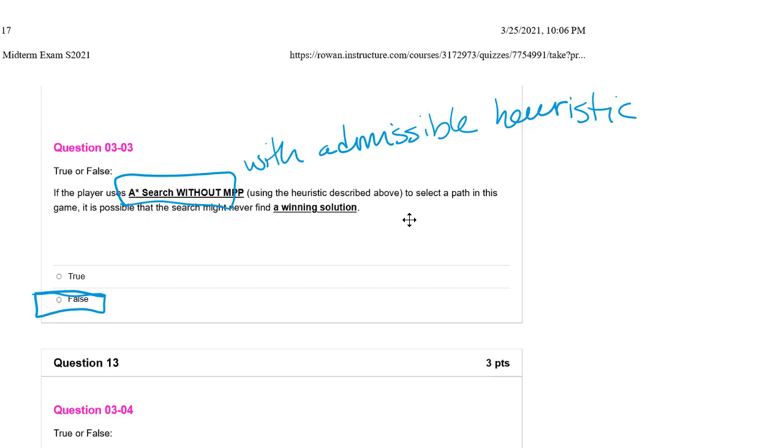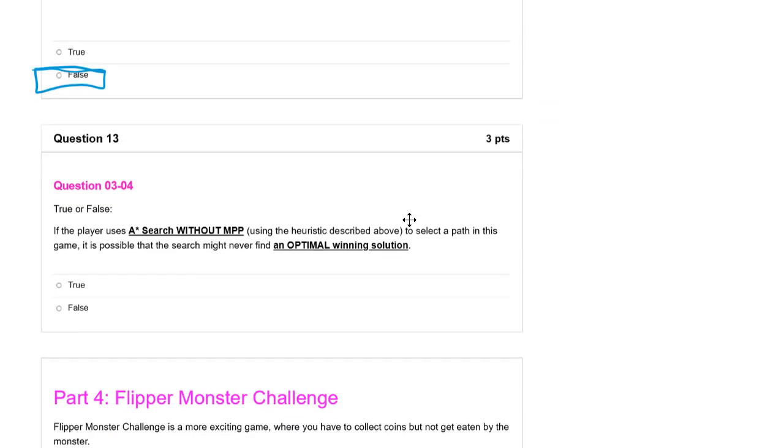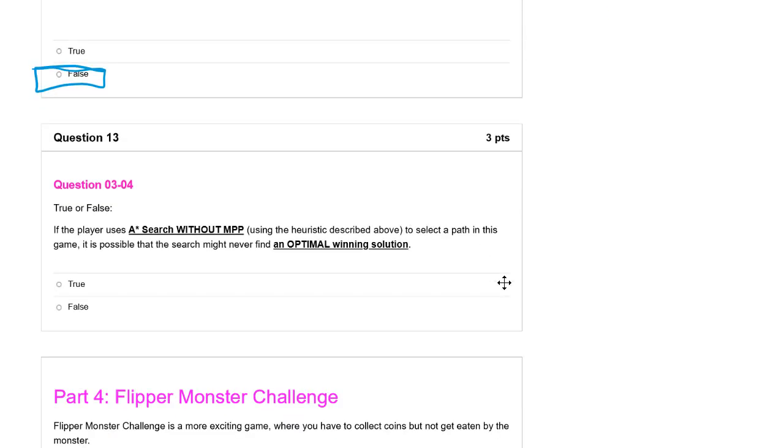An admissible heuristic does not guarantee that you will get an optimal solution. To have an optimal winning solution, you actually need to have a consistent heuristic.